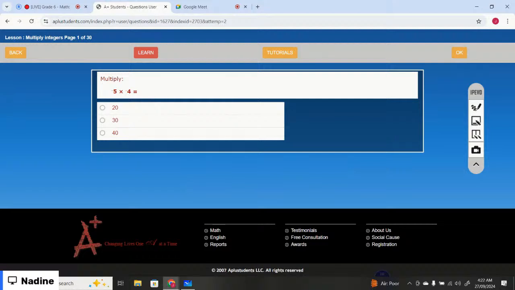Multiplying two negative numbers, the answer is always positive. Negative 5 times negative 4 is positive 20. Option number 1 is the correct option.